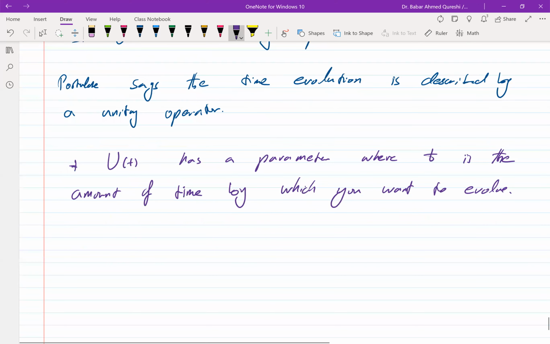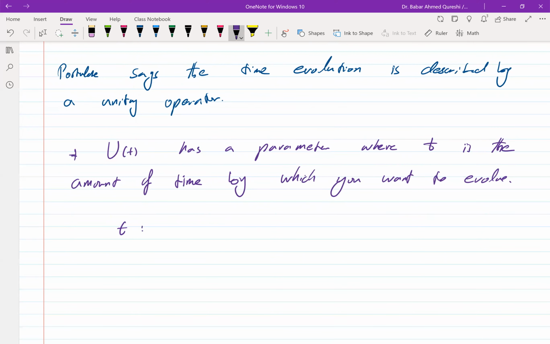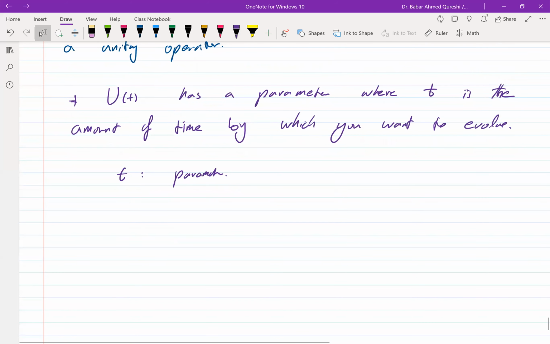So t, the time, t is the parameter in this operator, and you pick this parameter, you pick a different operator. And that operator tells you how far you are evolving. So clearly it will be like a sequence of operators. As I change t, I'm picking these operators. I'm not drawing a diagram in the Hilbert space, but some space which is containing these operators.